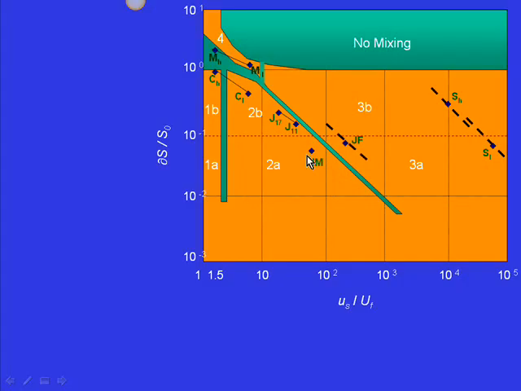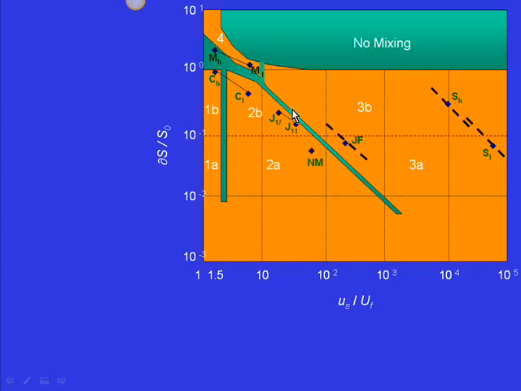We have the Mersey, which is an estuary in the UK. So the UK estuaries mostly fall here because they tend to be weakly stratified, but you have some sort of gravitational convection also. And then this is the James River, at different locations.